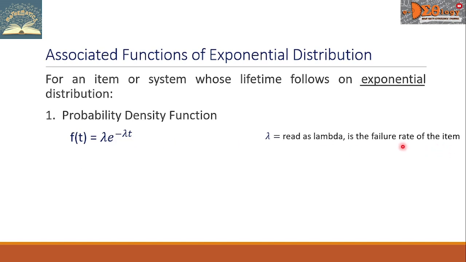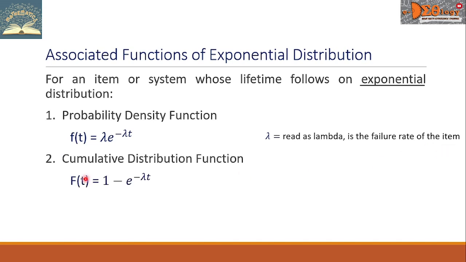Lambda here is the failure rate of the item. Second function, cumulative distribution function. This is denoted by capital F of t equals 1 minus e raised to the product negative lambda times t.